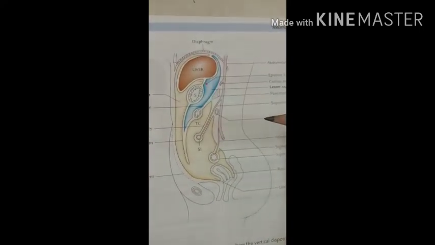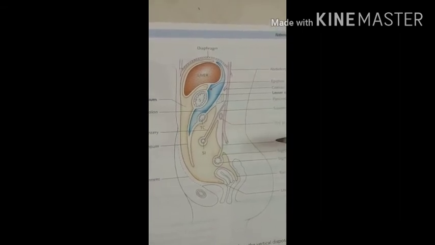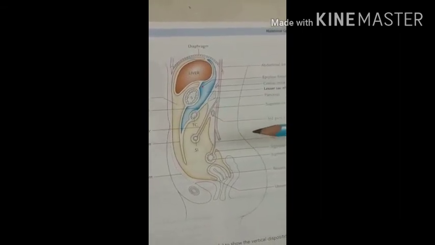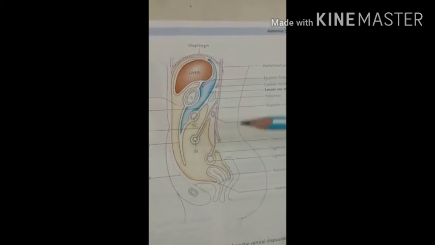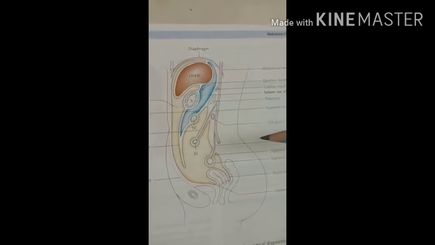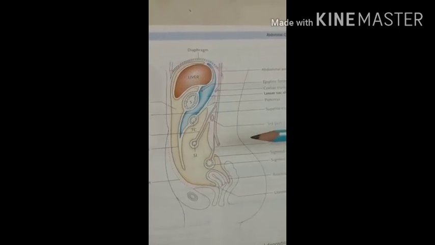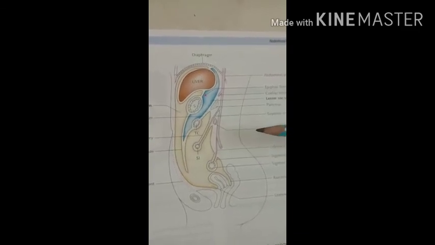And the outermost layer of the mucous membrane is the muscularis mucosa. This is the outer layer, made of smooth muscle, that provides movement of the mucosal layer, where the gastric glands and the villi are present.